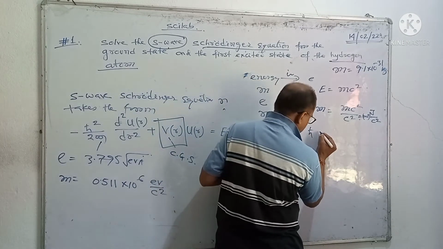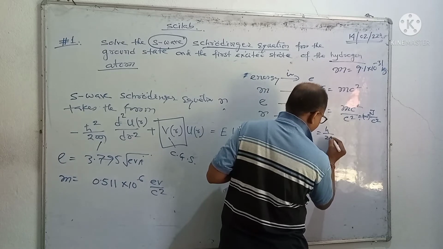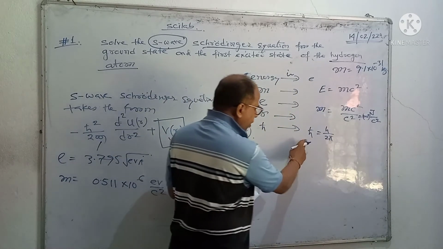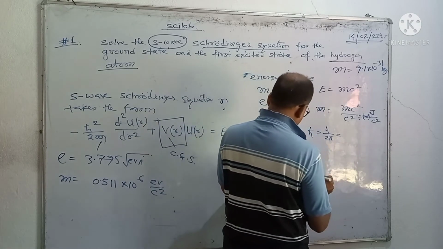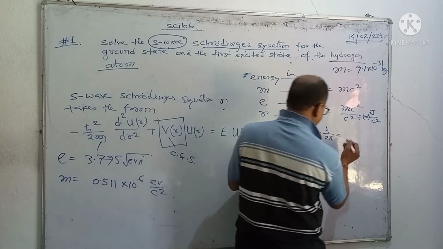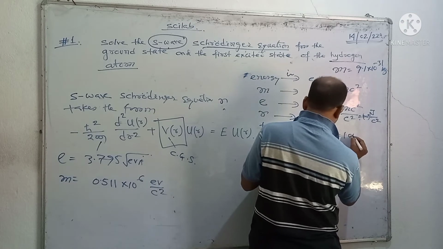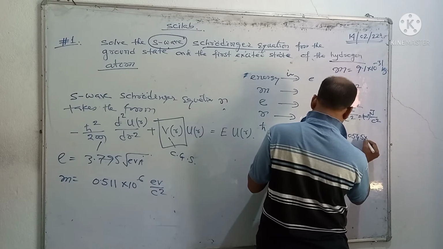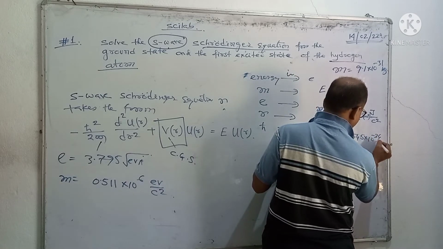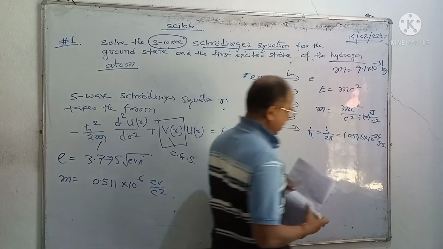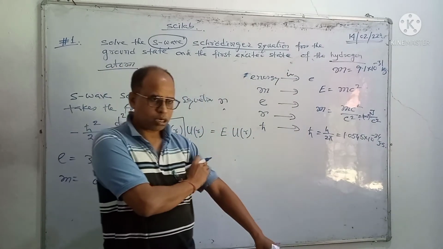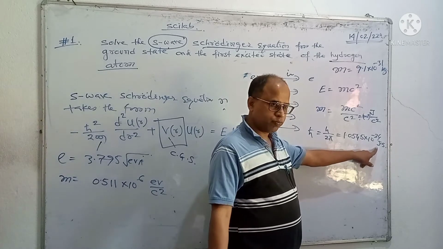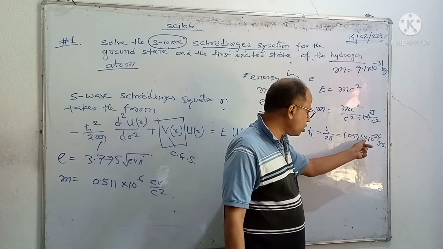The definition is H by 2 pi, where H is called Planck constant. The standard value of H cut is 1.0545 into 10 to the power minus 34 joule second. This is the standard value. If you search on Google, it will give you this value. Other numbers are there.